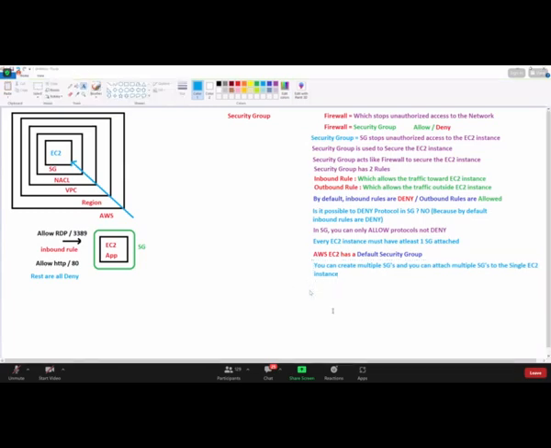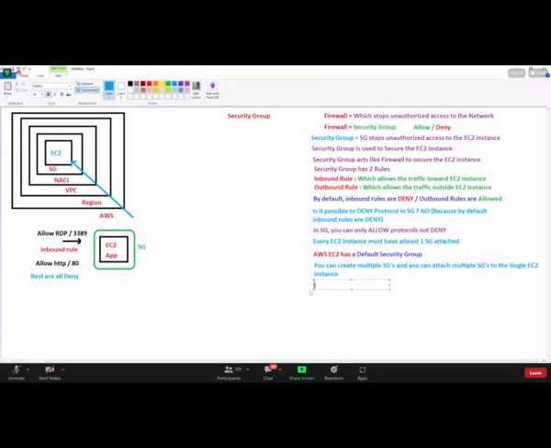Yes, there will be a soft limit. Guys, I created a brand new security group. All inbound rules are deny. Outbound rules are allow.